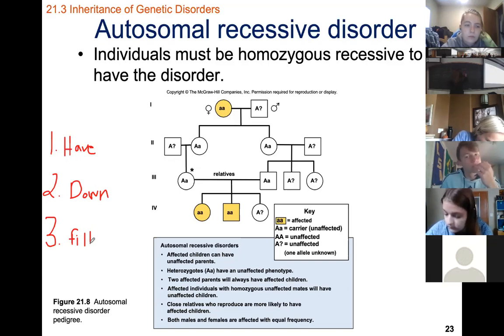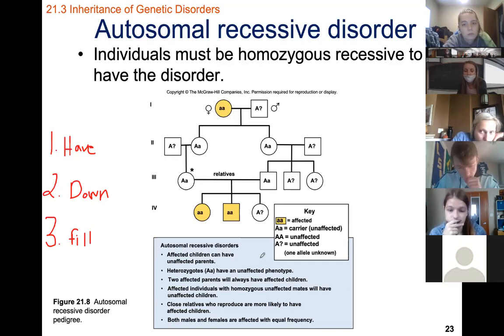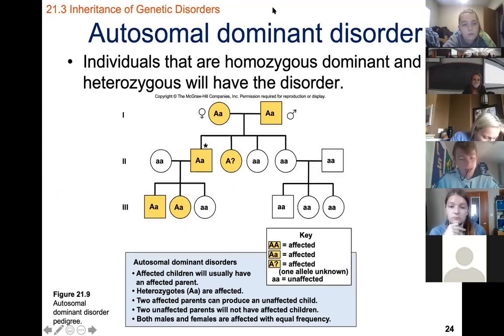From that, we can have two options: dominant and recessive. Same thing with X-linked: you can have dominant and recessive. What does it look like to have an autosomal recessive trait? It looks like small a, small a. You can use any letter here, whatever works for you. I'm not sure how much of that you can see on the board, so let's go to the whiteboard and I'll type it really quick for those online.